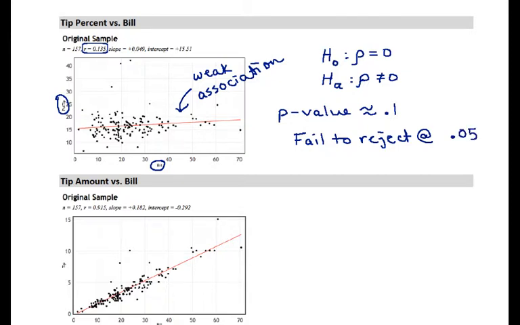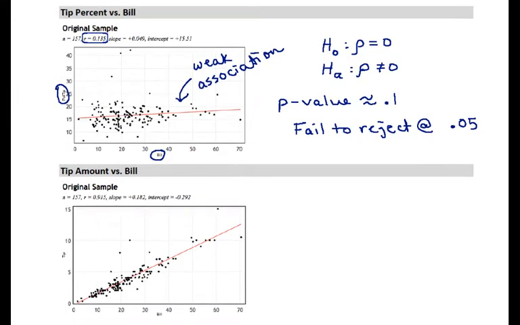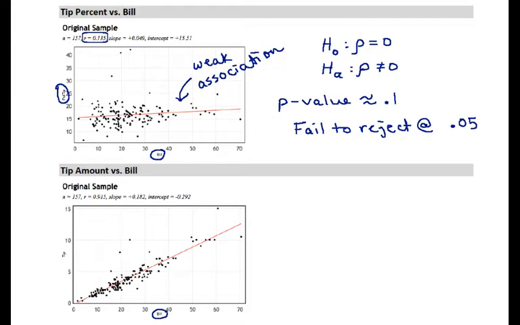We're going to now look at the same question with two different variables, or at least changing one of the variables to where now it's still bill amount on our x-axis, but this tip here is tip amount instead of tip percent. So these values are in dollars. We can see from the graph a much stronger association, and that makes sense.